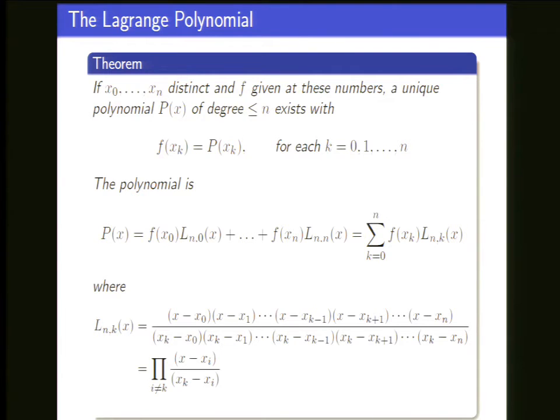It's going to be a polynomial of degree only going up to n. So let's start with n equals 0. Then you have 1 point.